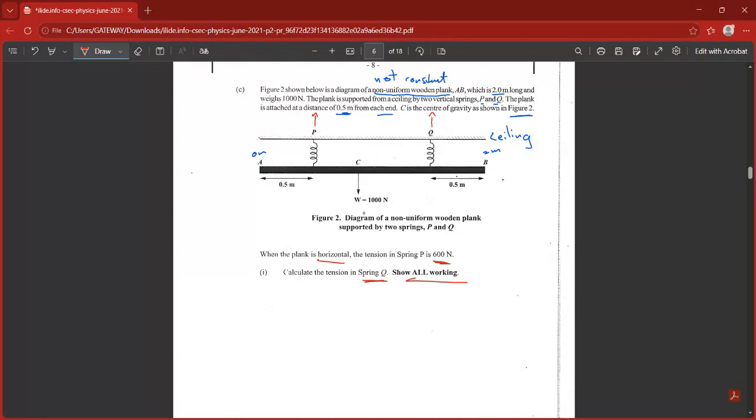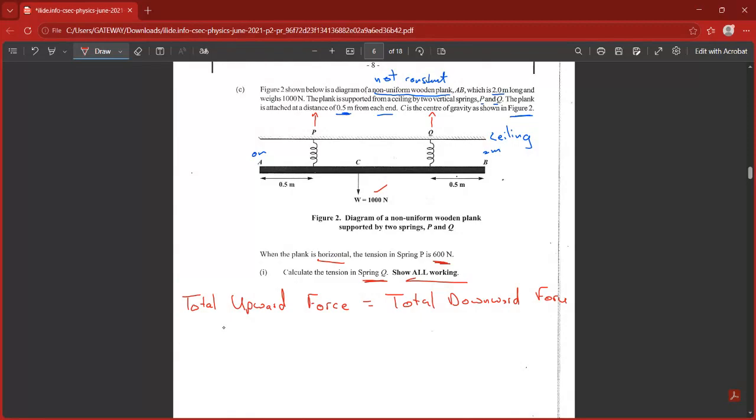We have one downward force, which is W. So we say total upward force is equal to total downward force.